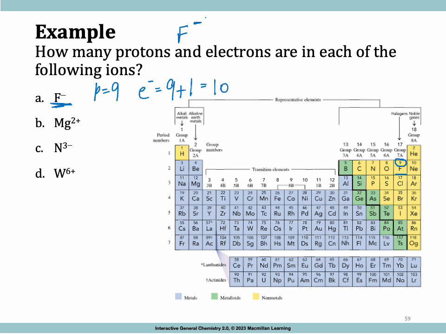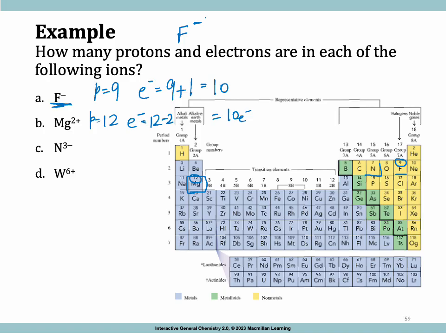So 10 electrons. Negative charge means it has extra electrons. Magnesium 2 plus. Magnesium is right here. The number is 12. So protons is 12. Electrons would also be 12 if it was magnesium, but it is Mg 2 plus, which means it lost 2 electrons. So minus 2. It has 10 electrons.